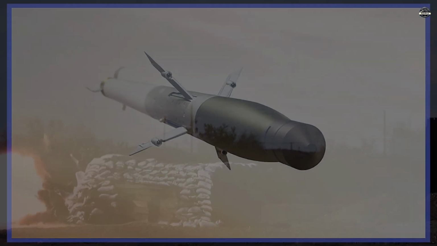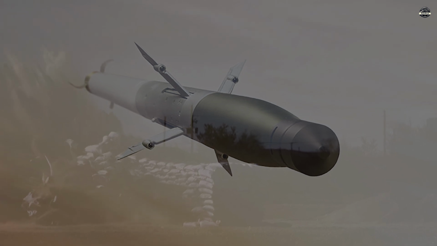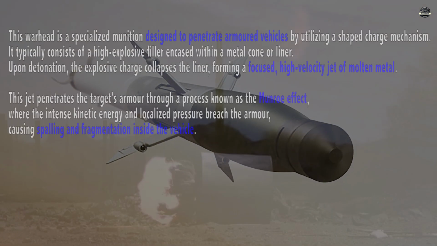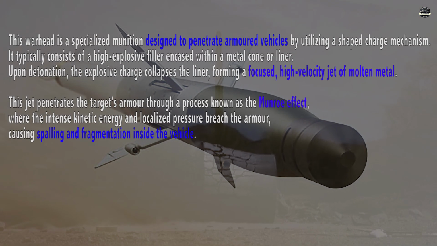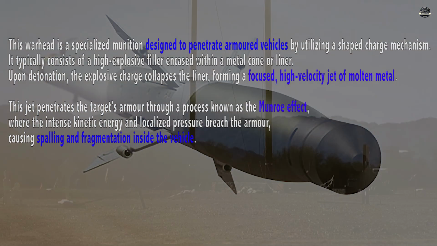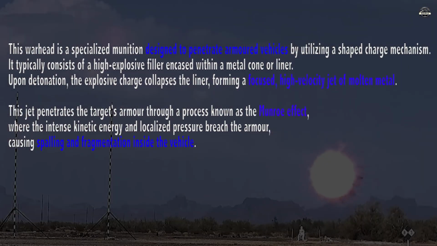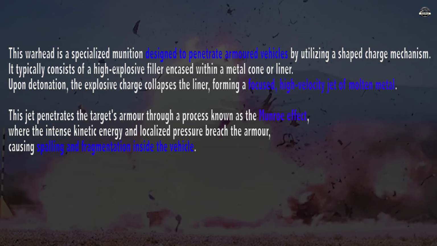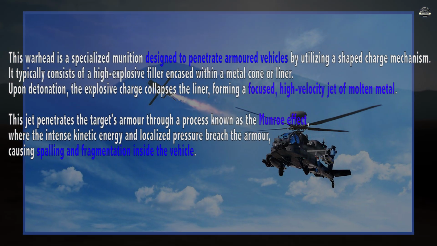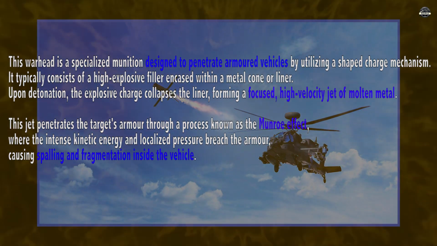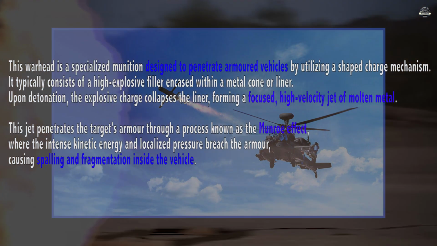High explosive anti-tank warhead, in short, HEAT. This warhead is a specialized munition designed to penetrate armored vehicles by utilizing a shaped charge mechanism. It typically consists of a high explosive filler encased within a metal cone or liner.